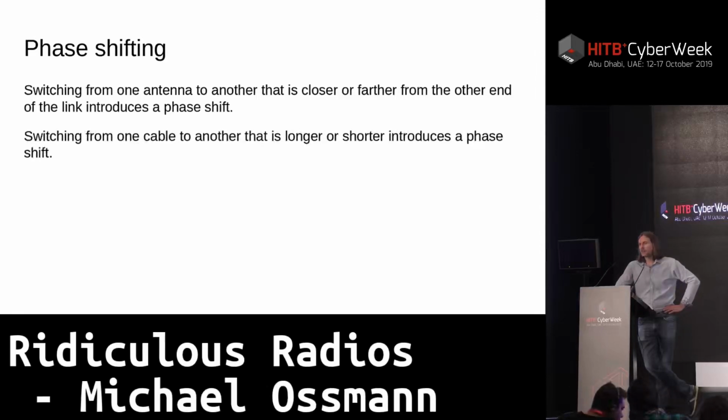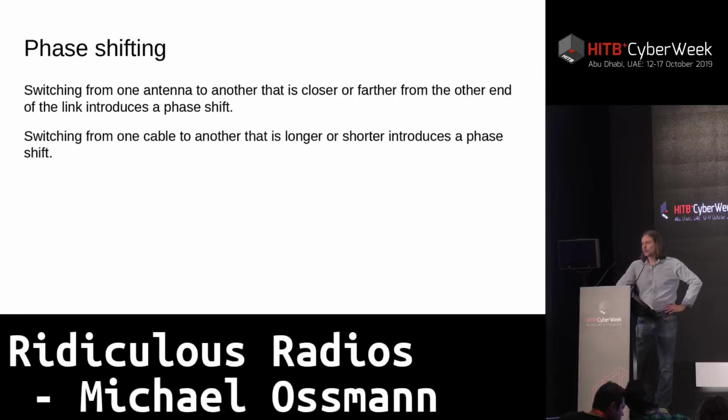A phase shift is exactly what happens when my direction finding receiver is switching from one antenna to the next. I'm getting a little phase shift. Well, he wants to introduce phase shifts into his signal to fool my system that is actually looking for how the phase shifts over time.